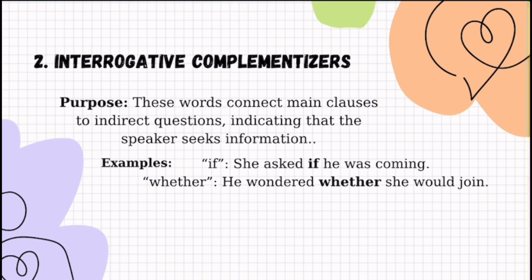For example, she asked if he was coming, or he wondered whether she would join. It is used to introduce yes or no questions. So interrogative complementizer allows us to introduce questions as part of a larger statement.